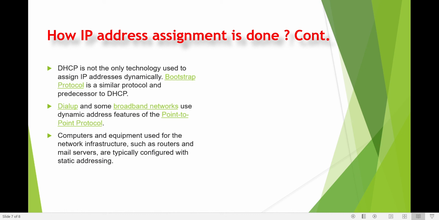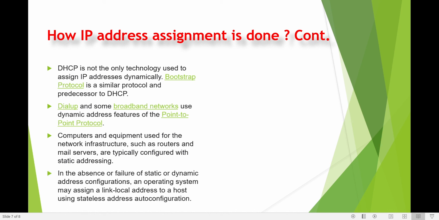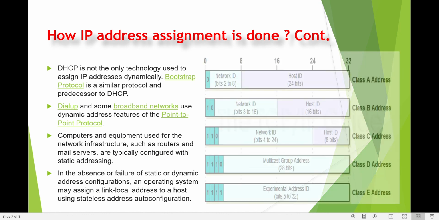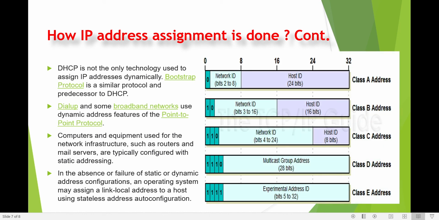Because they won't be able to know the recent IP address of that device. So those will have a static IP address. Now, in absence of static or dynamic address configuration, the operating system may assign a link local address to a host using stateless address autoconfiguration. So this is one of the examples.